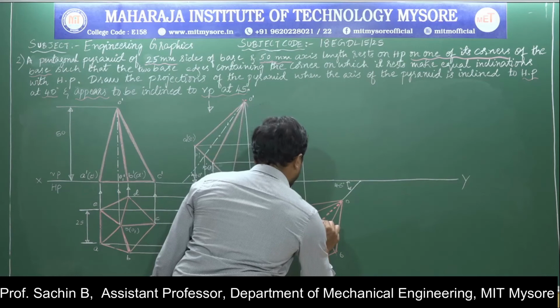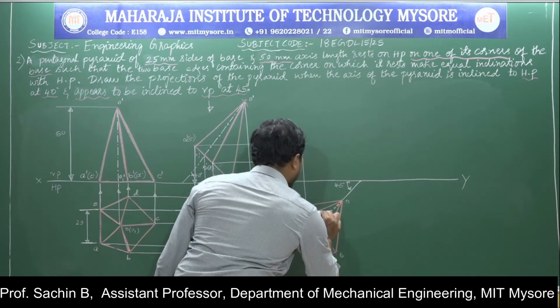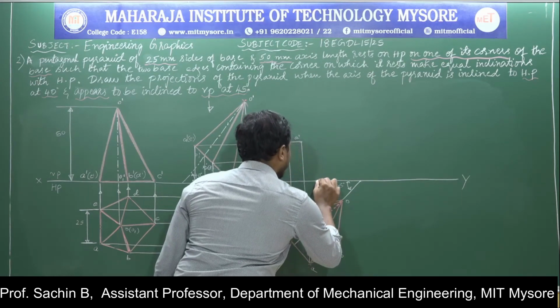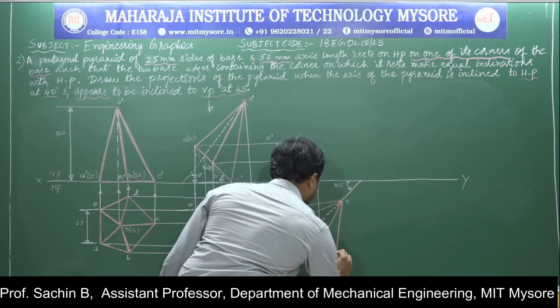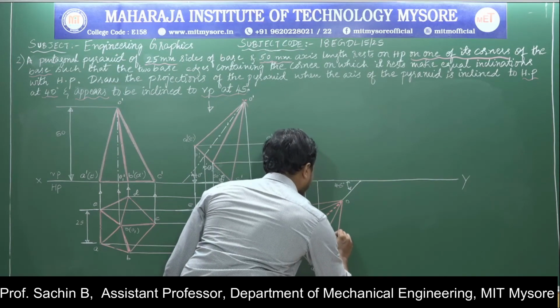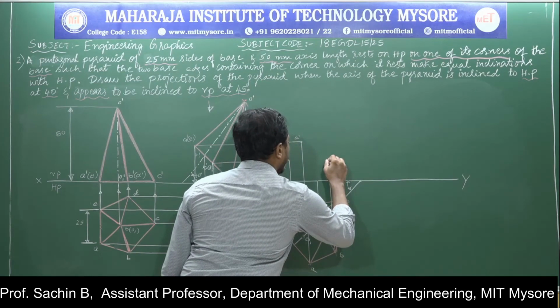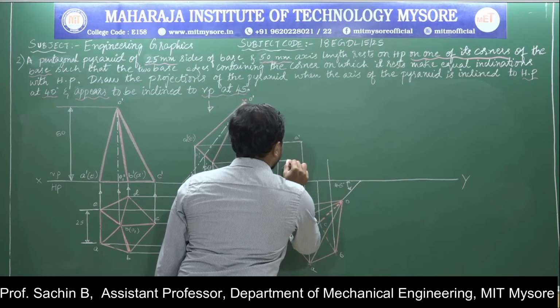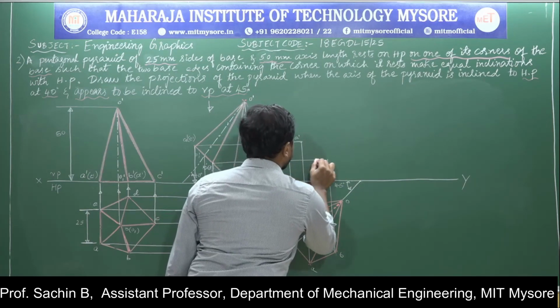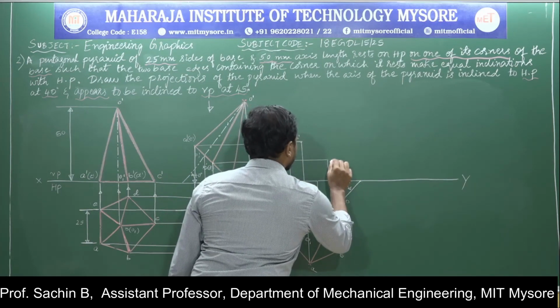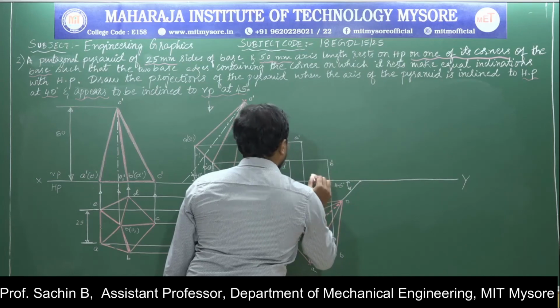Next I will come to C point. This is the resting edge. Again I will come to B point. I extend the same projection line from D dash to B dash. Now this is C dash.